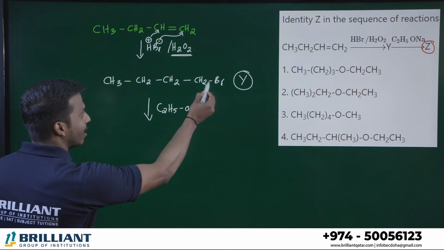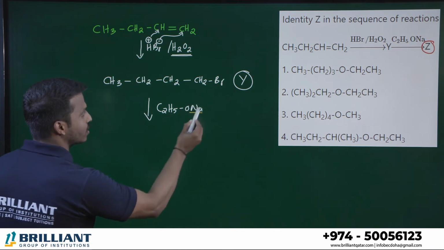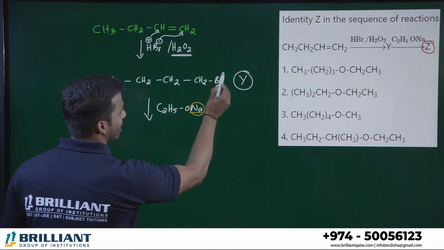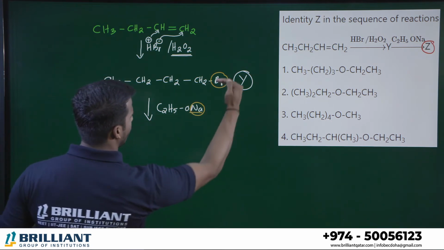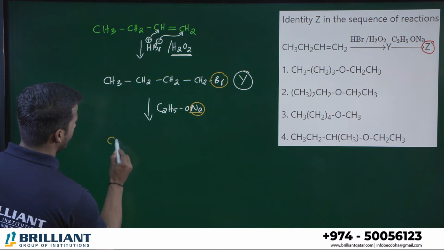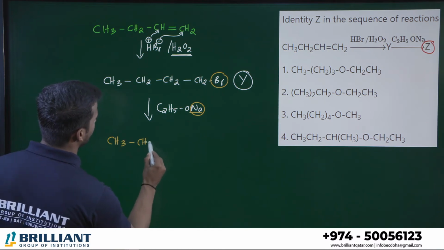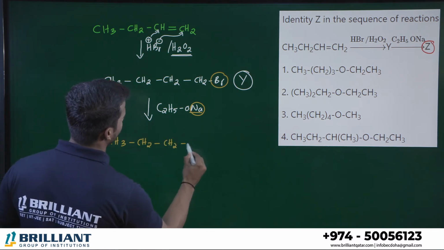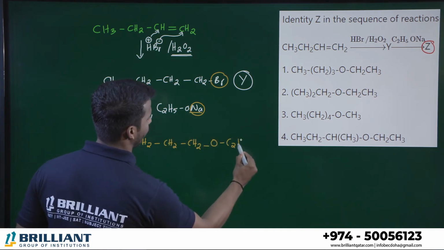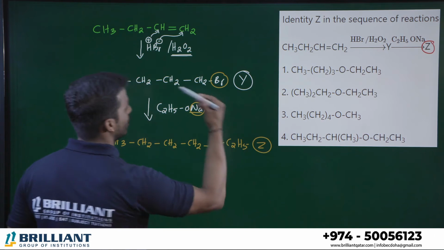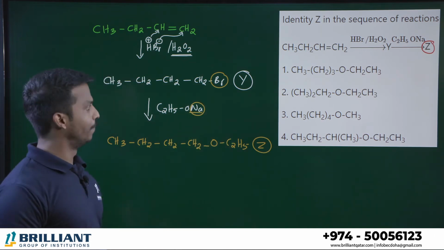When a haloalkane is treated with a sodium alkoxide, you can just write it like this: NaBr is eliminated, just add this group here. You will get the compound CH3, CH2, CH2, CH2, O, C2H5. This is your final product Z. You are getting an ether.